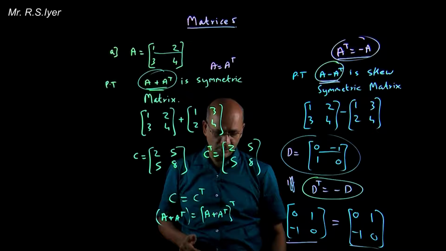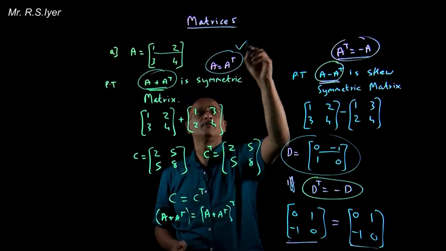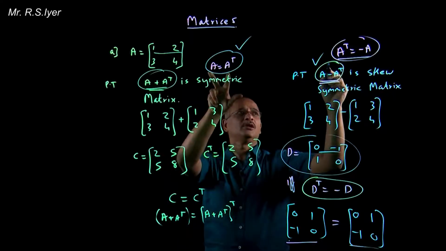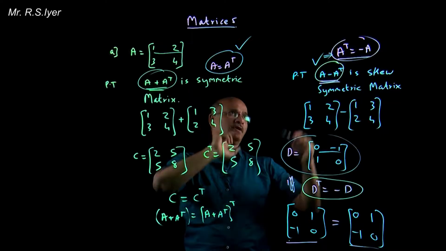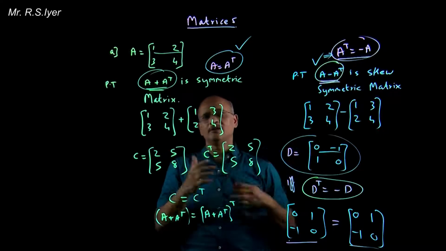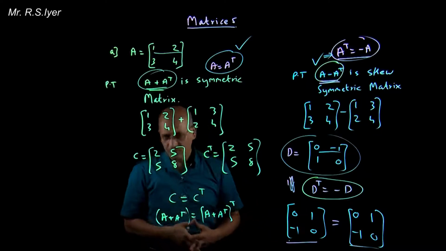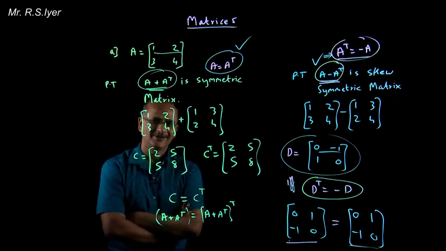Remember these two important properties. A equal to AT is symmetric. Transpose is negative A, it is skew symmetric. I hope you got this point clear. I just want you to copy it down, children. So pause and note it down.